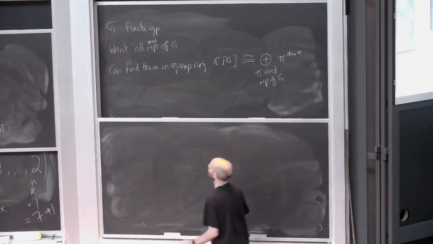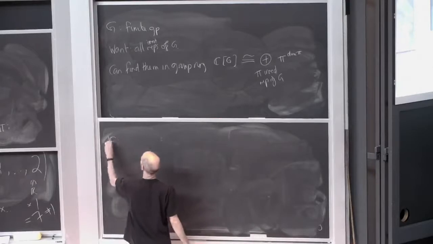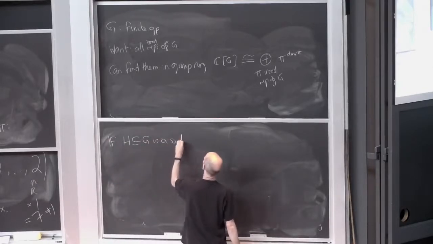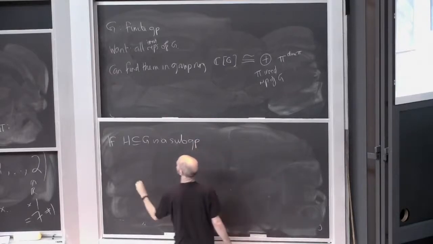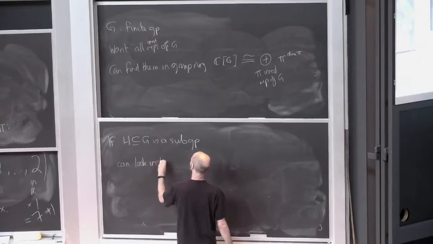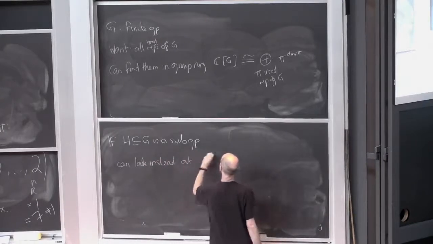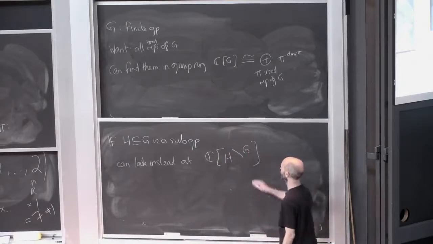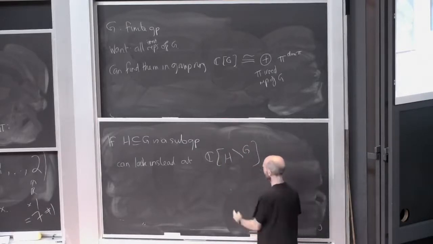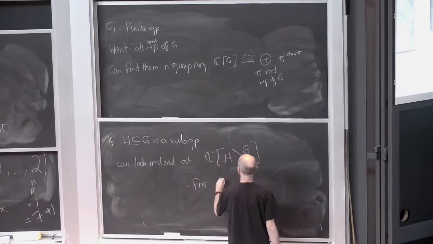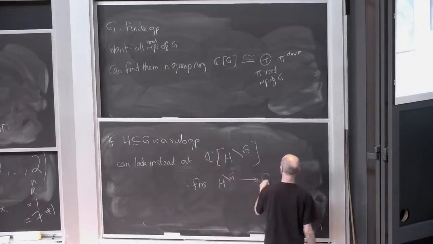Okay. Now here's a sort of a funny thing. If H living in G is a subgroup, what we could do, we can look instead at C of H mod G. I'm not saying H is normal, so this isn't a quotient group, but this is literally functions from the set H mod G to the complexes.